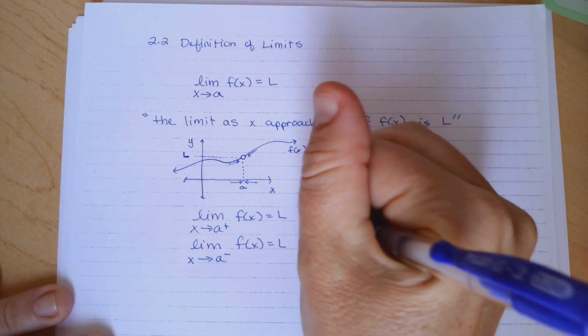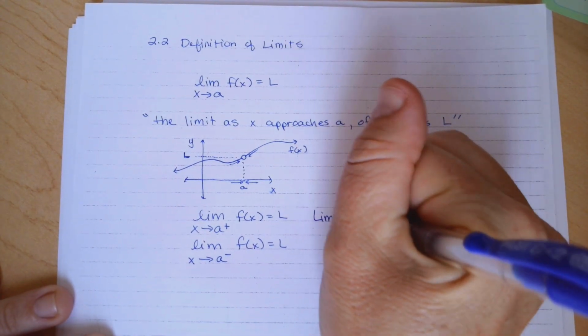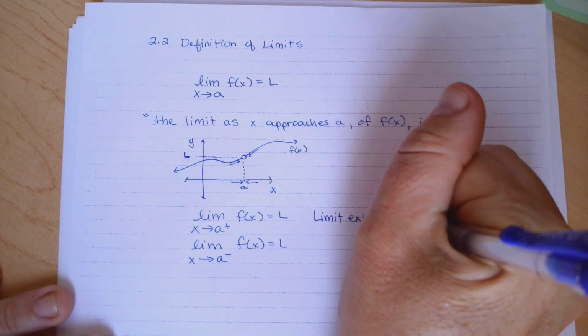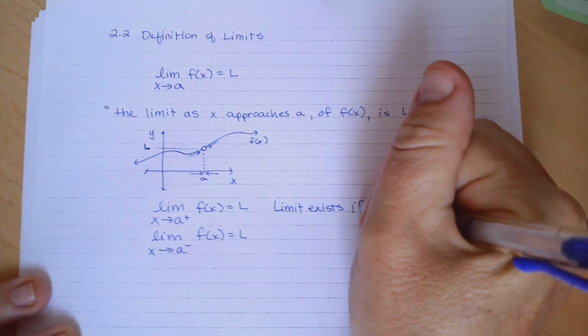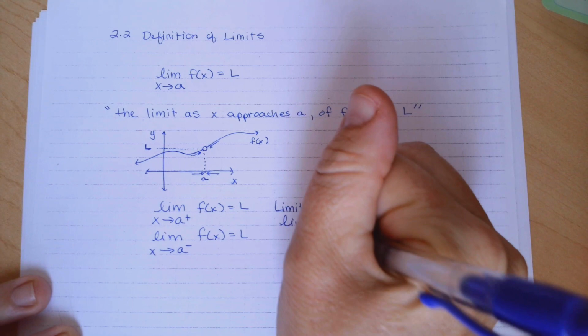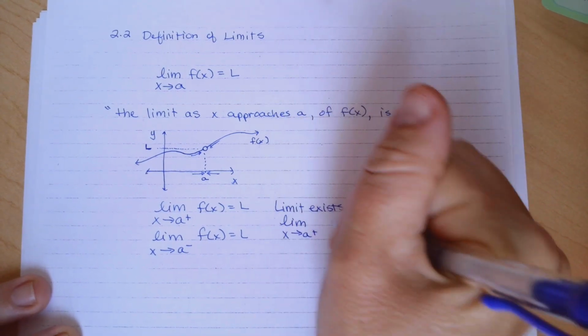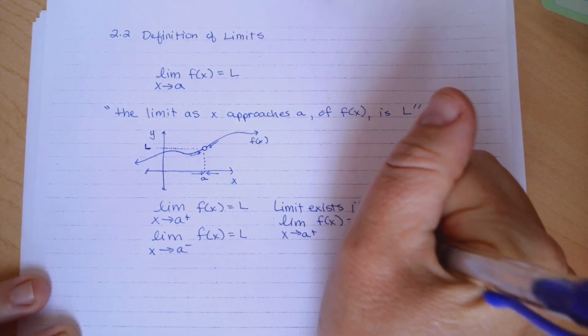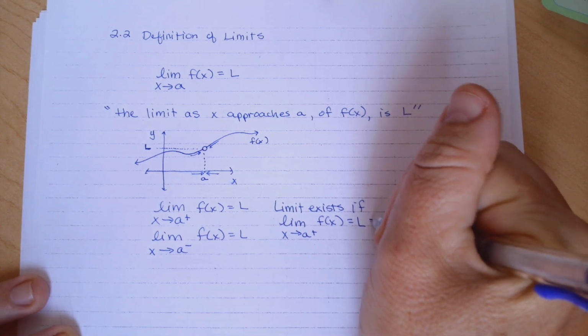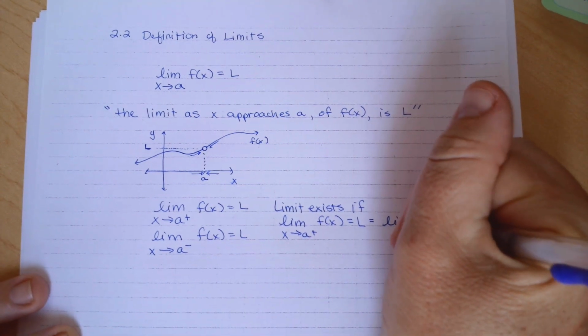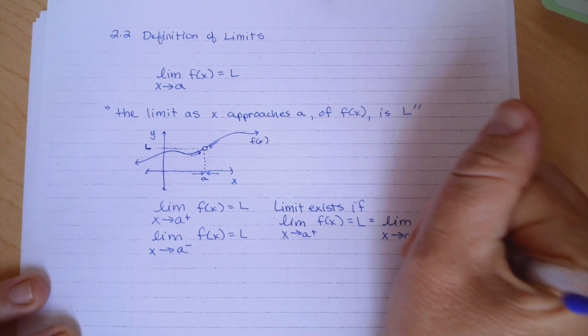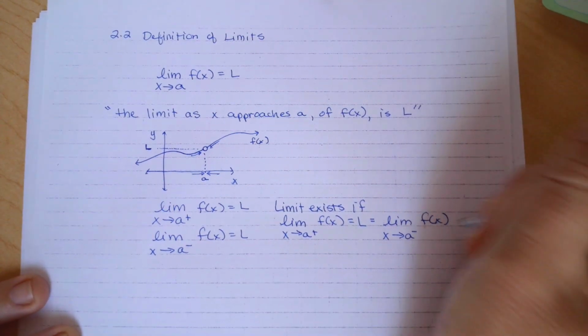And the limit exists if the limit as x approaches a from the right equals the limit as x approaches a from the left.